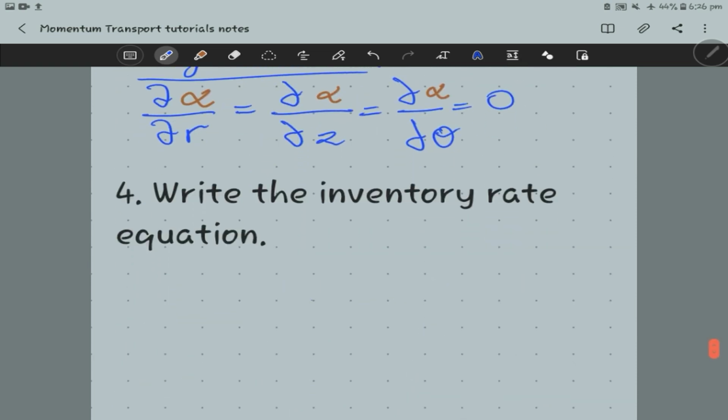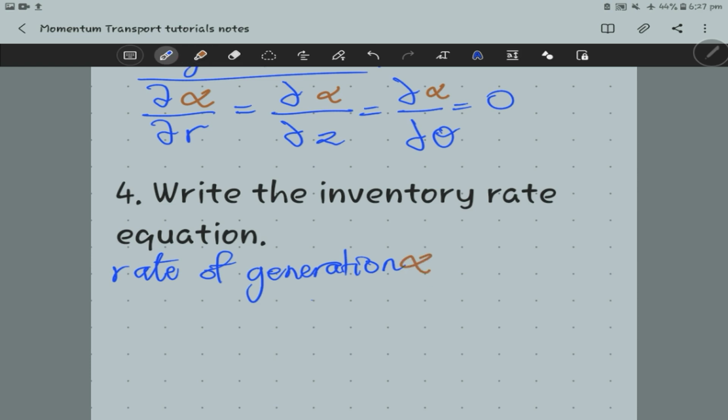So yeah, okay, in the question, the inventory rate equation is basically describing what's happening within the system, right? It can be any which way, but just remember which is what. So we have the rate of generation of alpha, which is the quantity, right? It can be every which way, but I just understand what's happening, right? And then writing the actual signs, whether positive or negative.